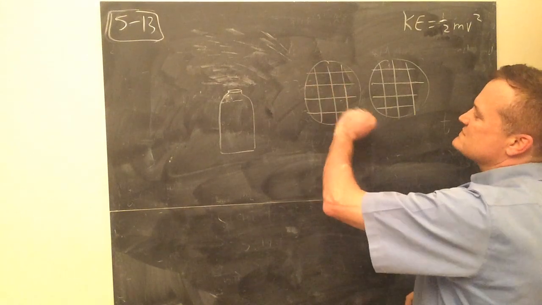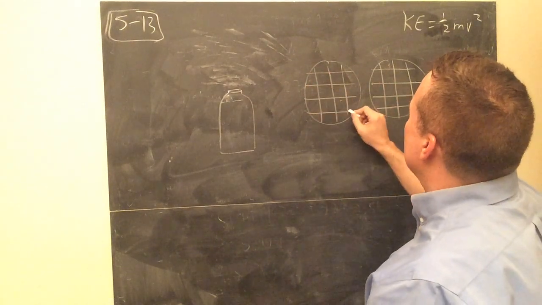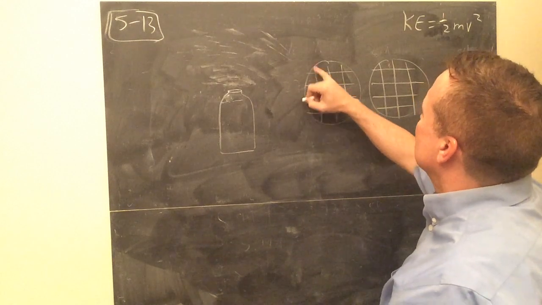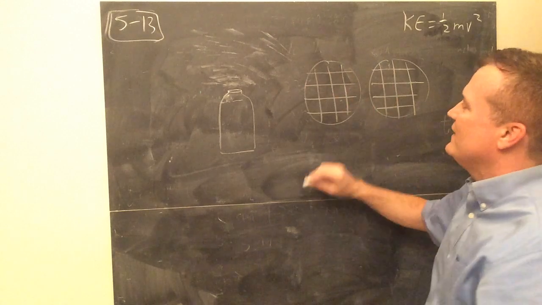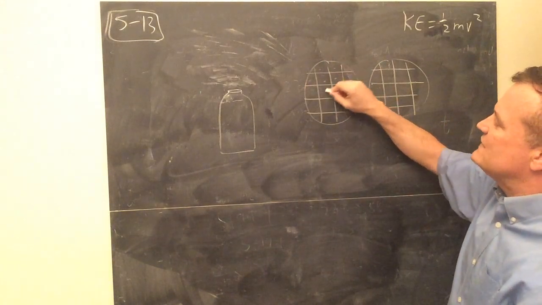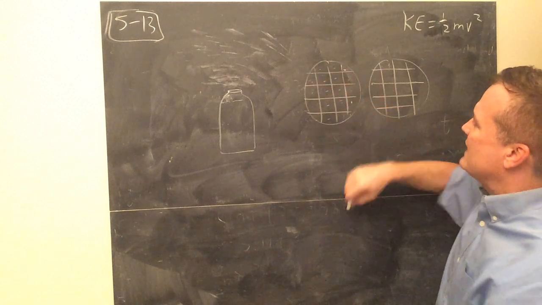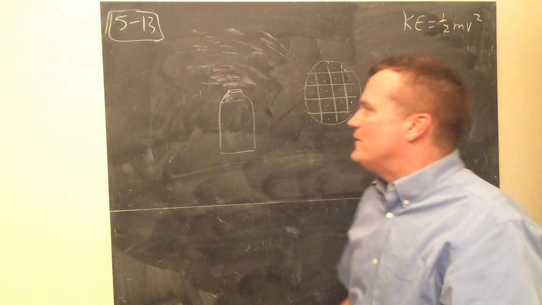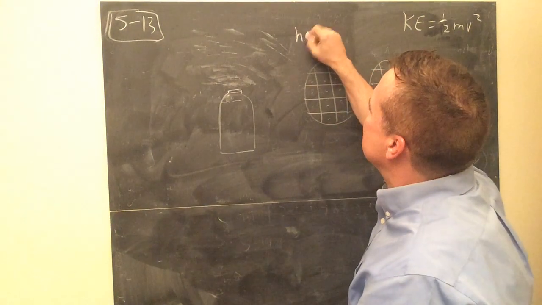If I were to saturate this with gas, say about 20 spaces here, I can only have 20 molecules in this area, and I could have 20 in this area as well. When they spread out, they spread out homogeneously.